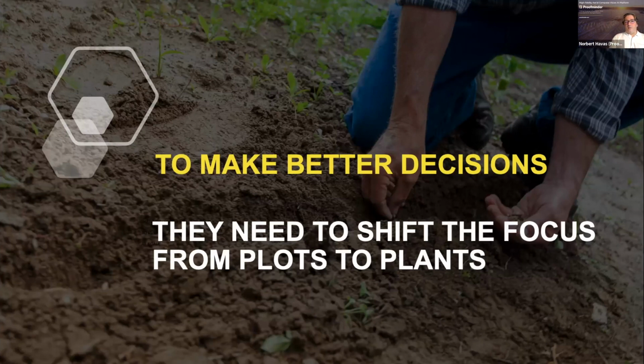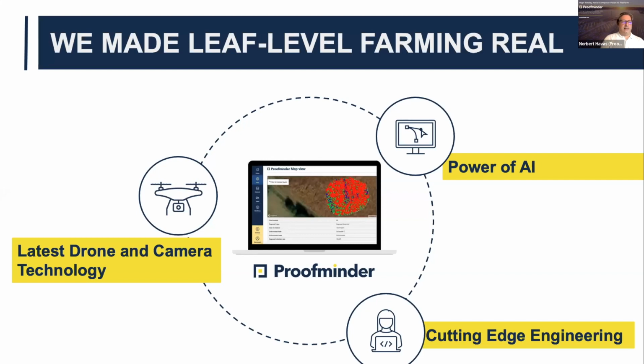This is what we made possible with Proofminder. What we did is that we combined the greatest drone technologies and camera technologies with the power of AI and computing. We put a lot of engineering together to build a platform which is able to process very high resolution images at a large scale.